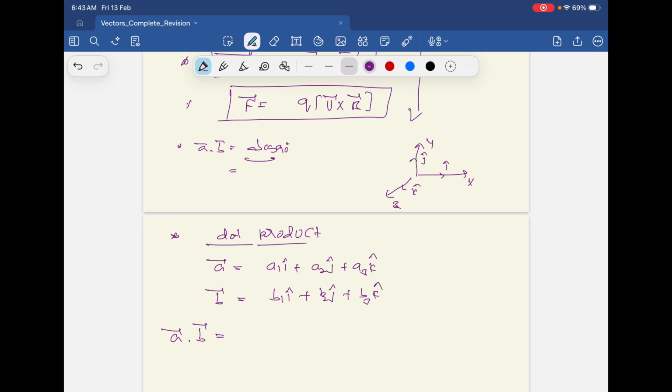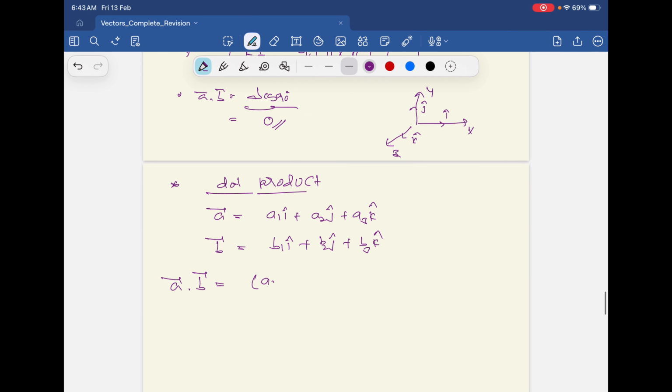So when two vectors are perpendicular, dot product becomes how much? 0. Now you can write A1 I plus A2 J plus A3 K dot B1 I plus B2 J plus B3 K. It's normal multiplication, multiply every term to the entire bracket.